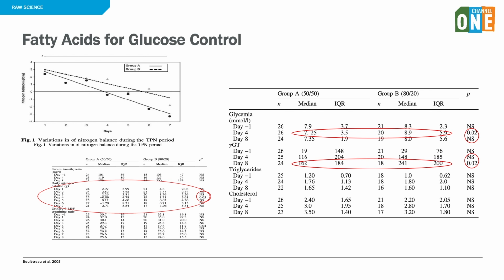But what was interesting is that the glycemia was better controlled in the patients that were given more lipids, in an emulsion that contained 50% of lipids and 50% of glucose. And also the liver enzymes were lower in the patient group that received more lipids, which does seem to imply that it was better tolerated.